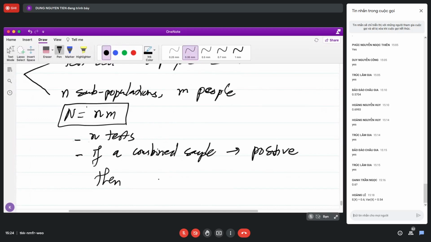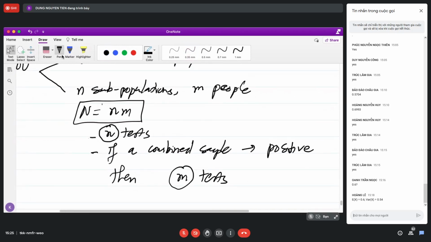Then we need m tests. So at the beginning we need little n tests, and for any positive group you need additional m tests. That makes sense?